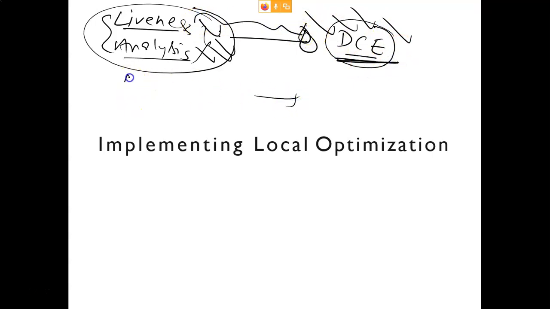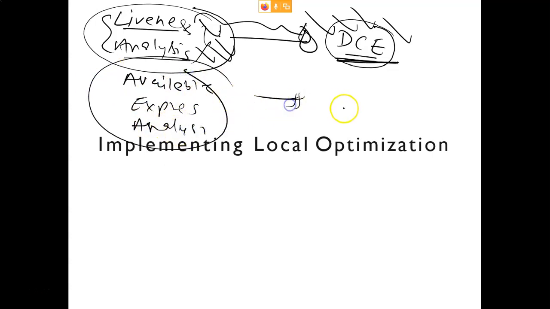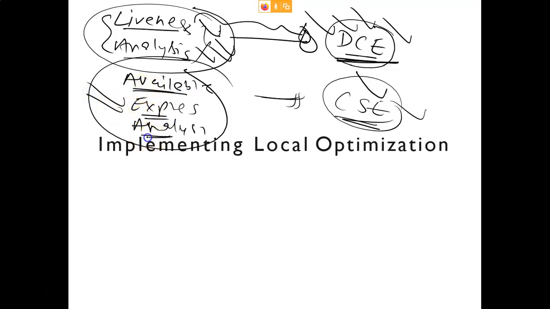Similarly, available expression is an analysis, and this analysis will help you in your common sub expression elimination. You want to eliminate common sub expressions, but before doing this you first have to find out which are the common sub expressions. For that you have this analysis. Remember, these analyses are more general than these techniques.